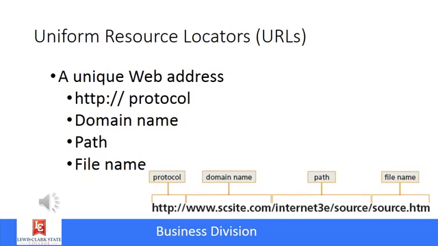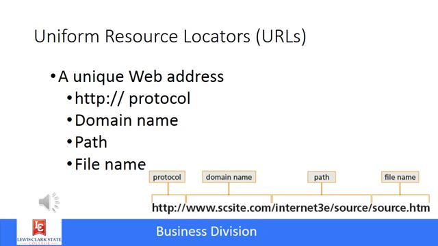Well, if you had to remember an IP address for every place you wanted to go on the internet, it would make the internet very clunky and not very user-friendly at all. And so to make it more friendly with the www, or World Wide Web, you have something that is called a Uniform Resource Locator. And the Uniform Resource Locator, or URL, is a unique web address, but it actually uses a domain name.